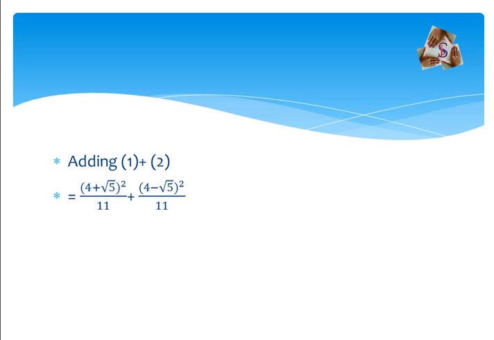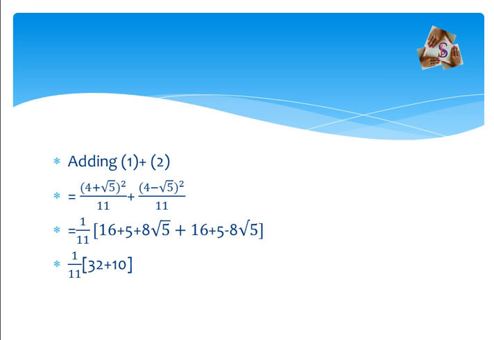So I get it as 4 plus root 5 whole square by 11 plus 4 minus root 5 whole square by 11. So I apply the identity a plus b whole square as a square plus b square plus 2ab, and a minus b whole square as a square plus b square minus 2ab. So simplifying it further, I get it as 1 by 11 into 32 plus 10, that is 42 by 11.